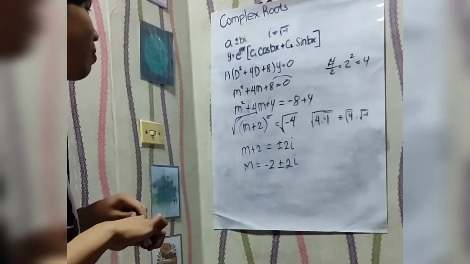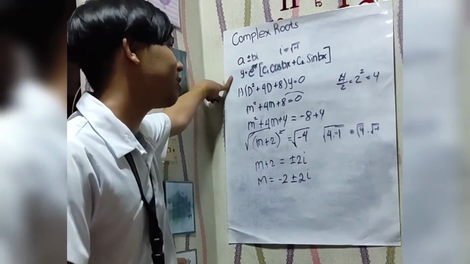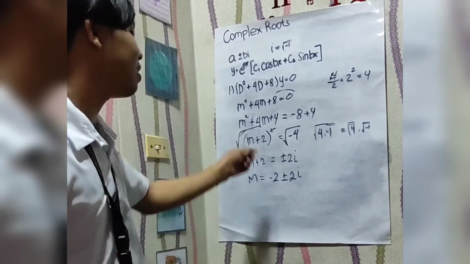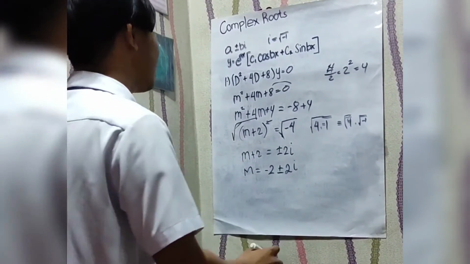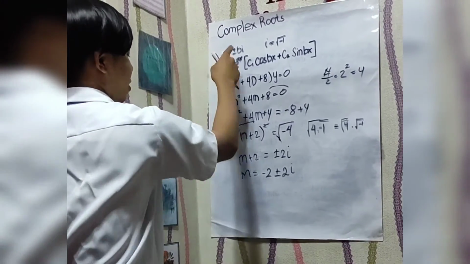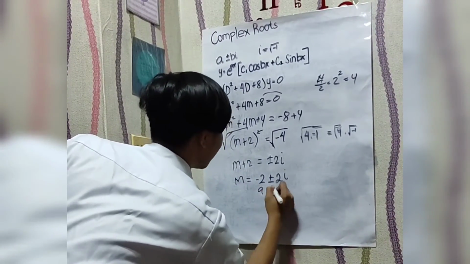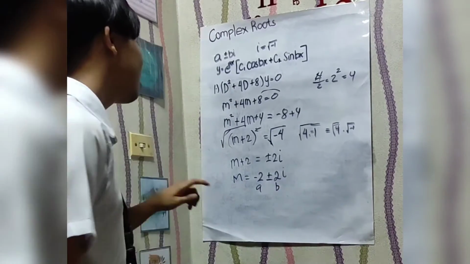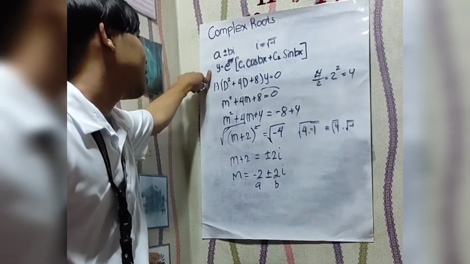Yung kanina po, yung naging sagot natin, yung general solution natin. I-substitute lang po natin siya. Ito po yung form niya: a plus minus bi, which is ito po yung a natin, ito yung b natin. I-substitute po natin siya dito.